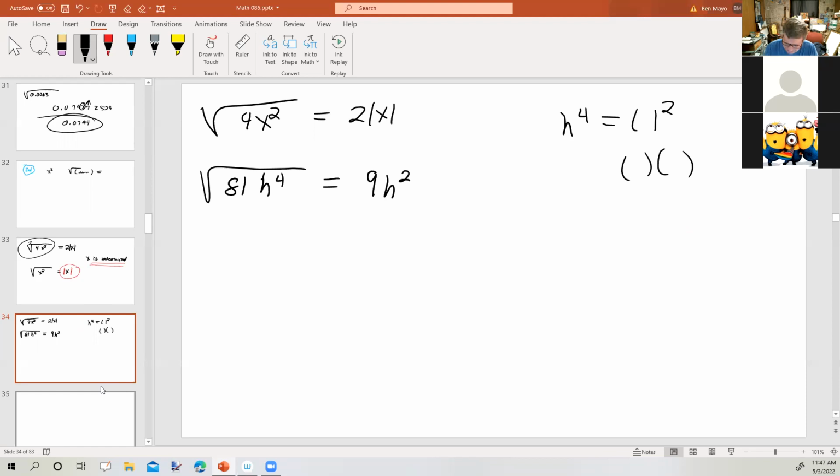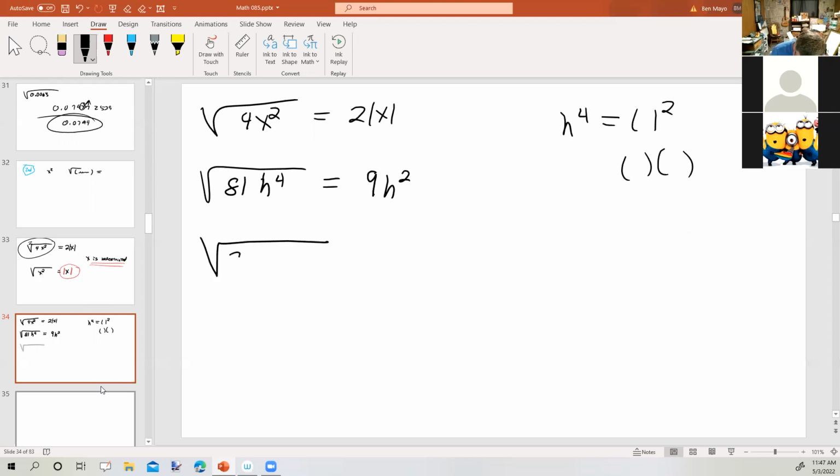Positive. So because the variable is squared, it doesn't matter whether h is positive, negative, or 0. H squared won't be negative, therefore we don't need absolute value bars. Are you seeing that? Is your head starting to hurt? Not yet? Okay, well then let's keep going.